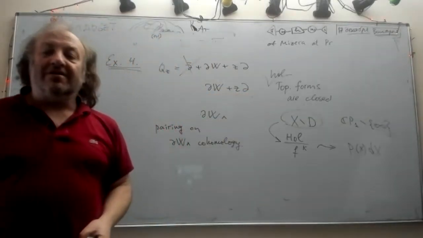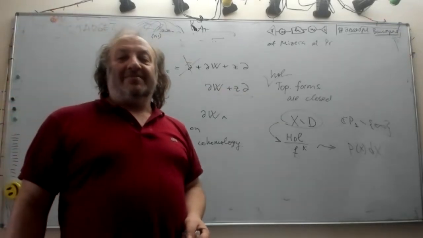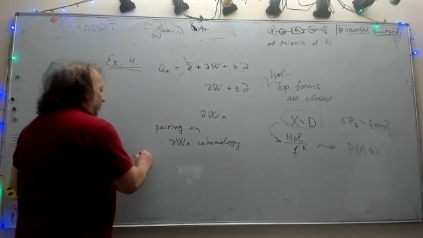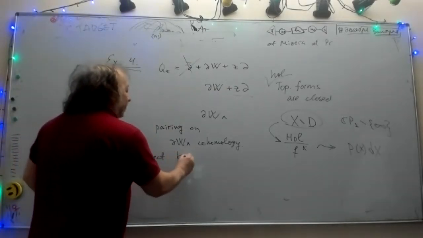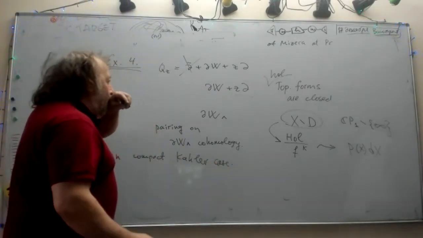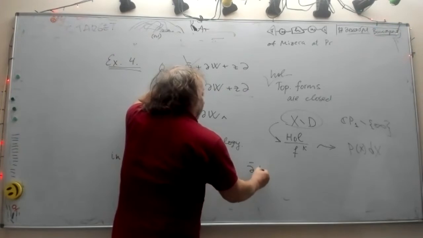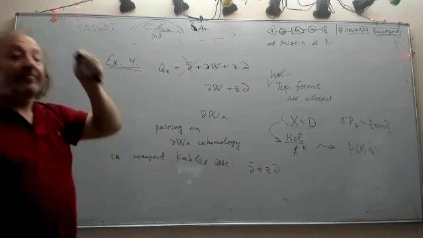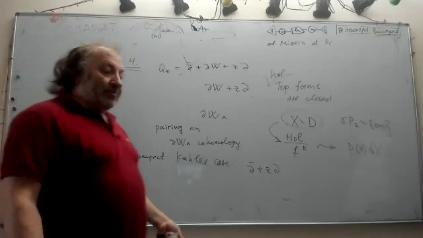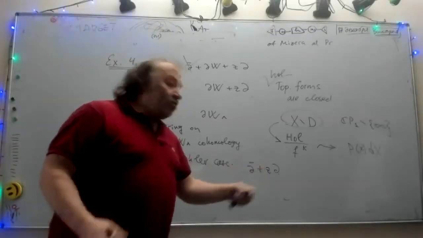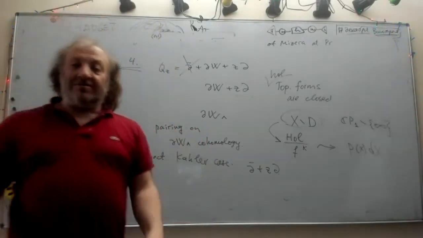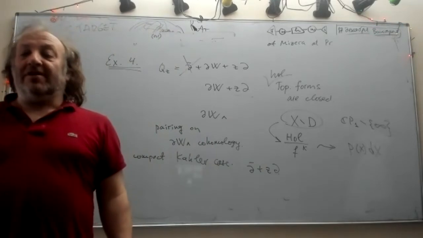So how would I work in the compact Kähler case? In the compact Kähler case, I had d-bar plus zd. I just say the cohomology are forms on the compact space, harmonic forms. I can just multiply them and integrate.